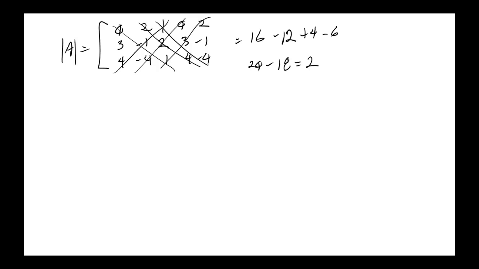Now, the diagonal process illustrated in example 5 is valid only for matrices of order 3. Okay, I'm sorry, that's talking about what we just did. Diagonal process, that's what we're talking about.